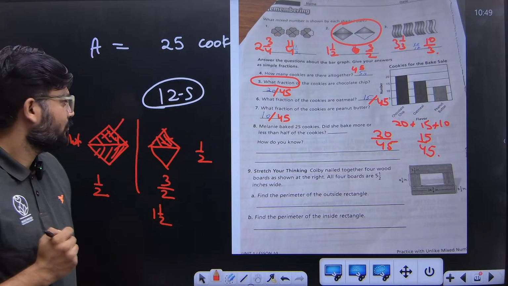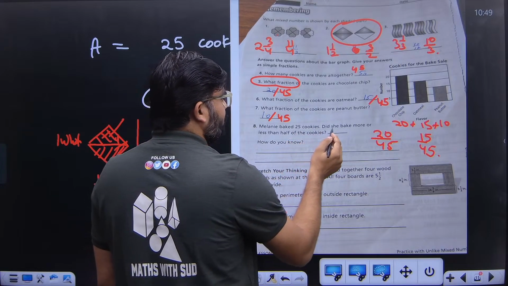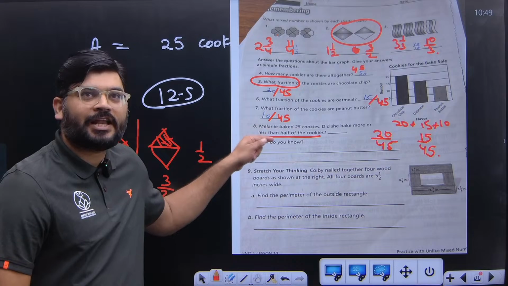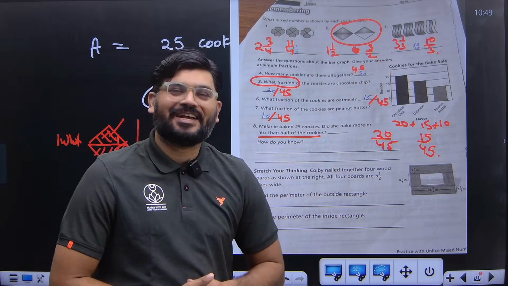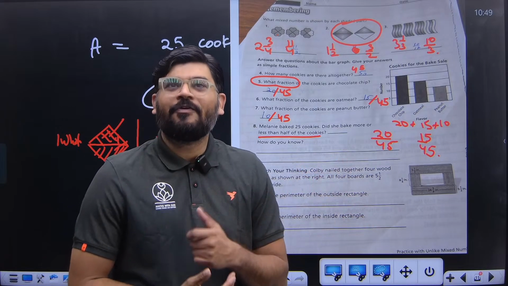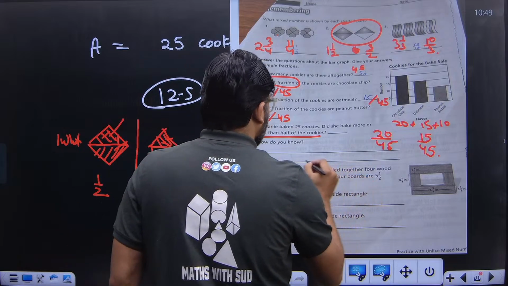Understood? Yes. Now see this. Melanie baked 25 cookies. Did she bake more or less than half of the cookies? I told you this is in connection with the previous one. What was the total cookies made? 45. What is the half of 45? Half of 45 is 25?